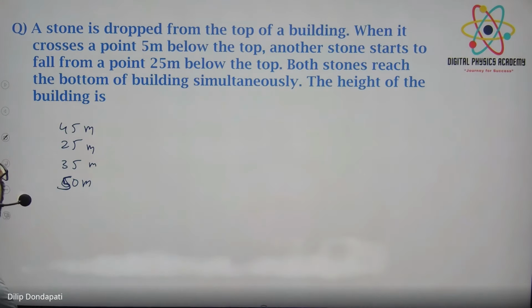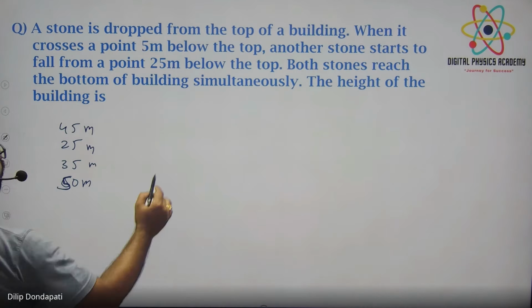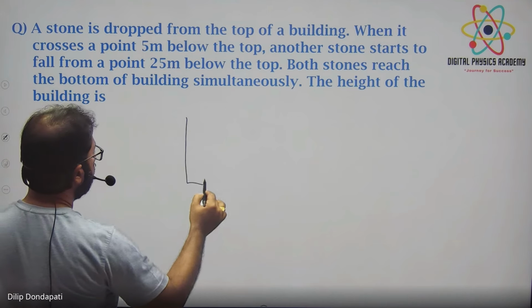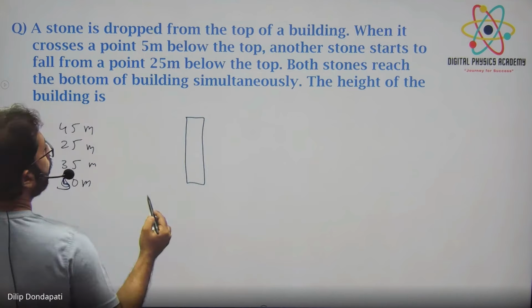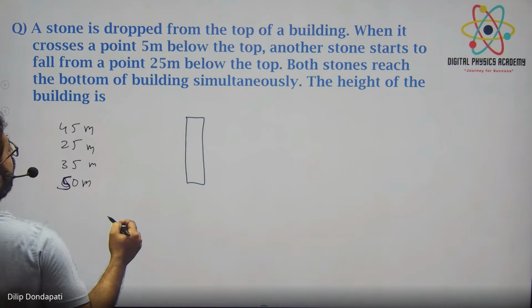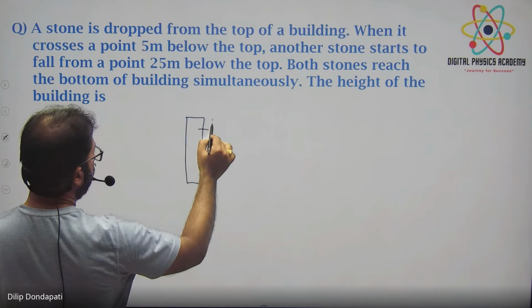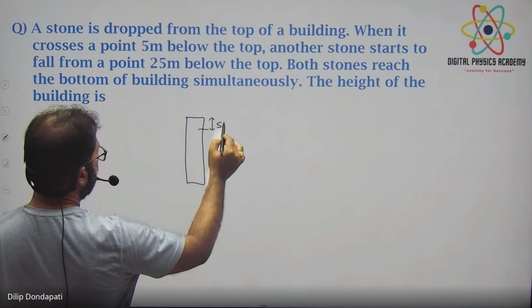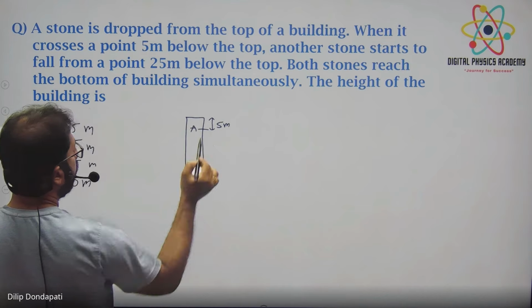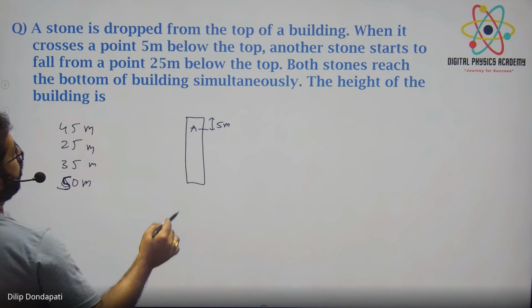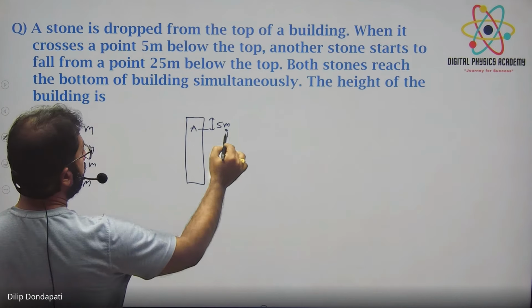So a stone is dropped from the top of the building. Draw the building. When it crosses 5 meters below the top, let us take that as point A. Another stone is dropped here, just dropped.